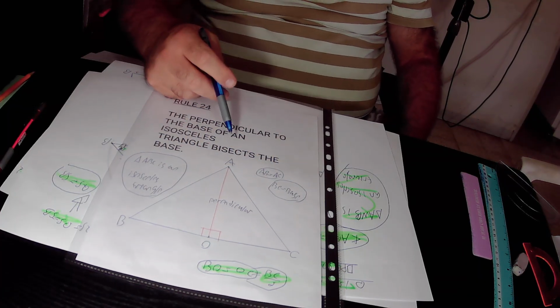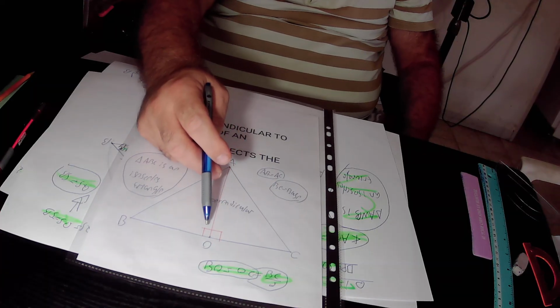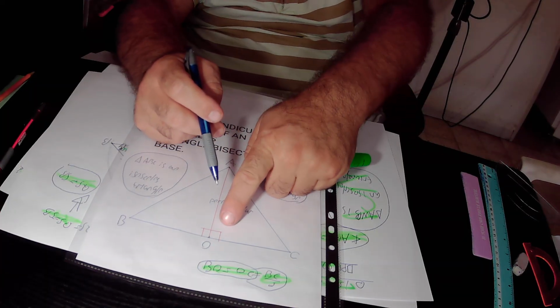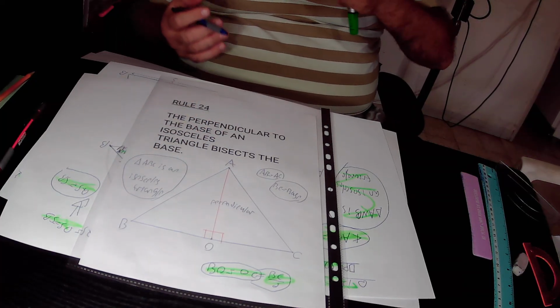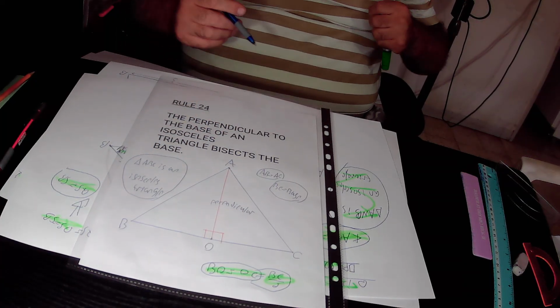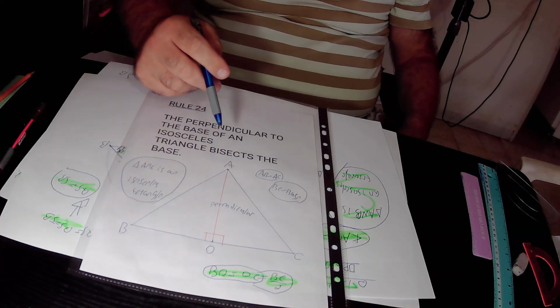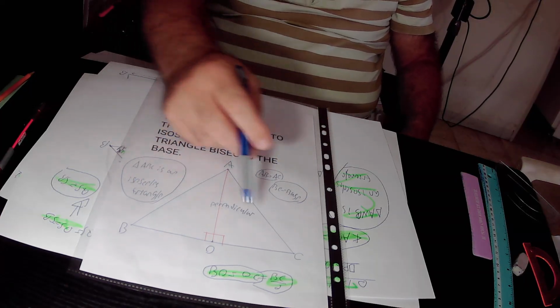First of all, AO is a perpendicular, and therefore this angle equals 90 degrees, and this angle also equals 90 degrees according to our construction. And according to rule 24, the perpendicular AO to the base BC bisects the base BC.